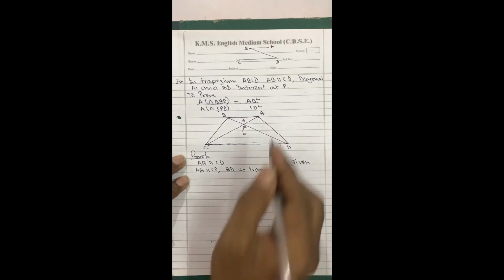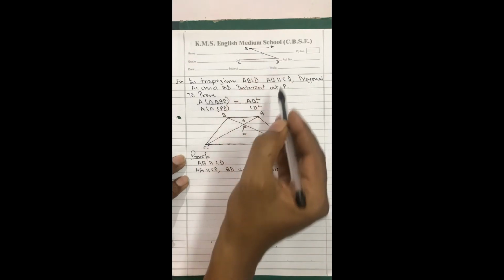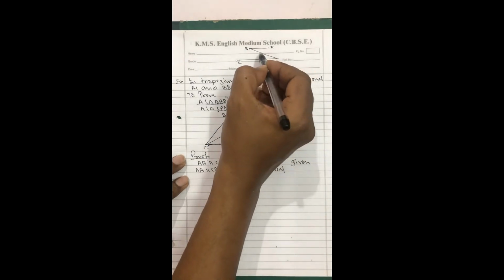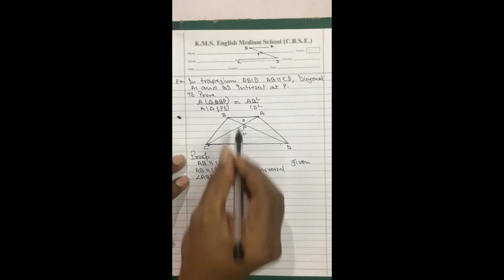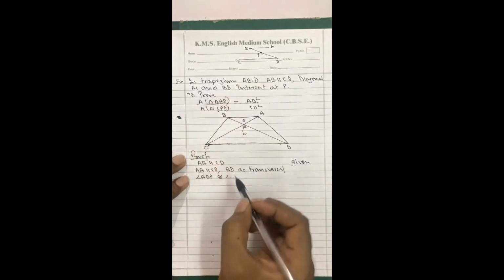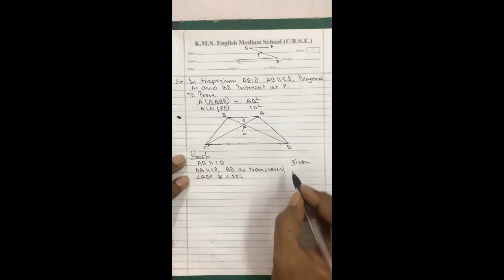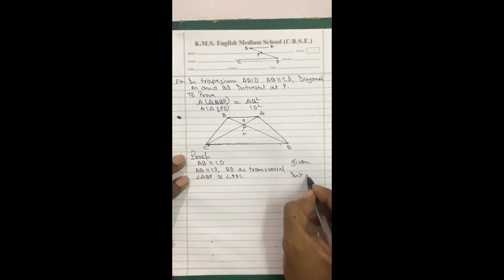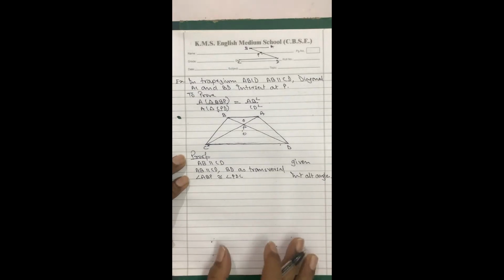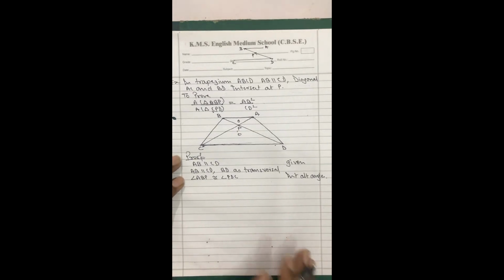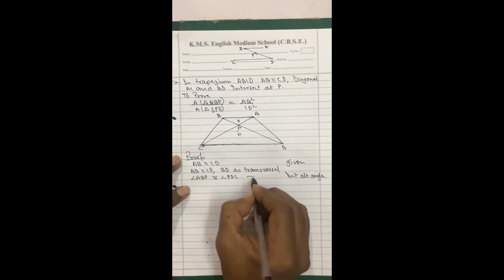What will you get? Angle ABP is congruent to angle PDC, interior alternate angles. This is how you will get it, and you keep this ready.